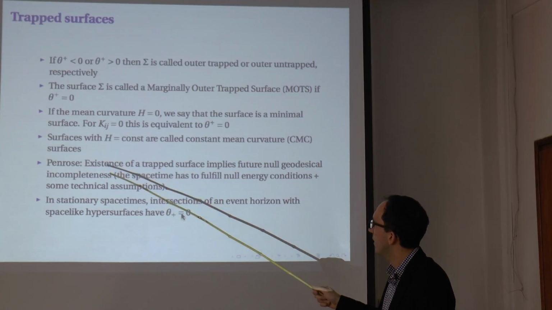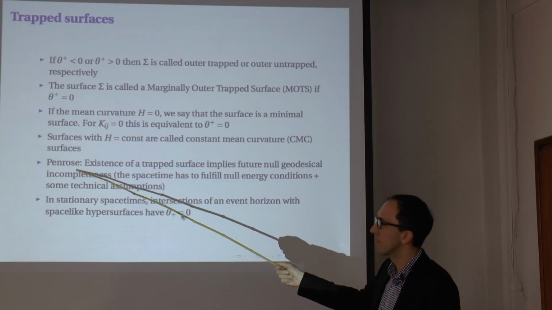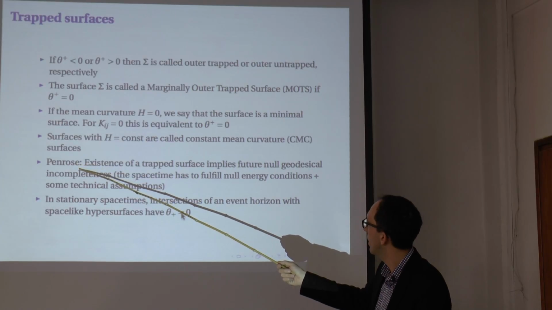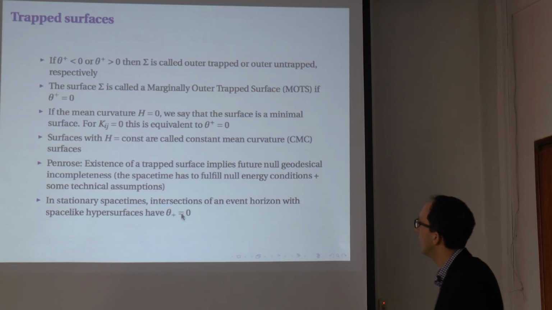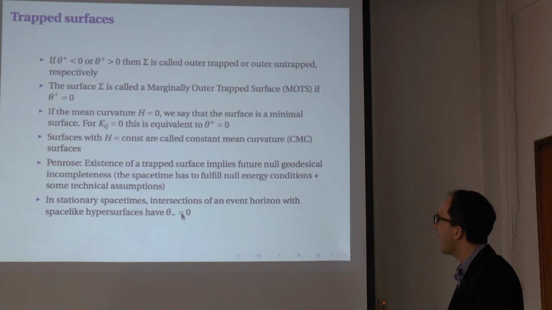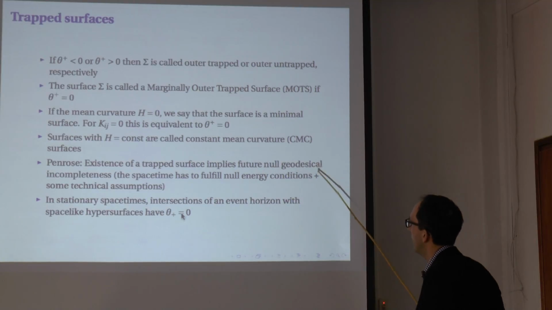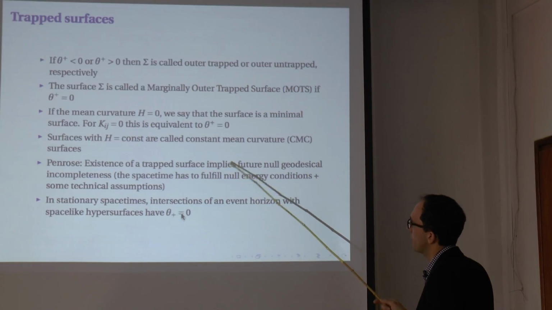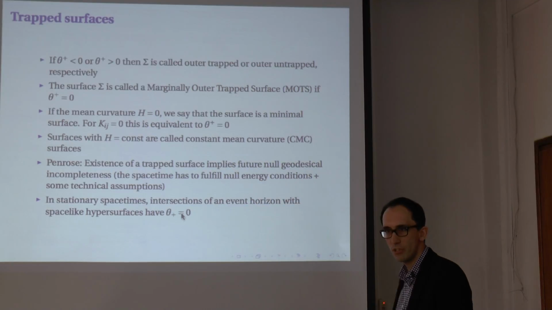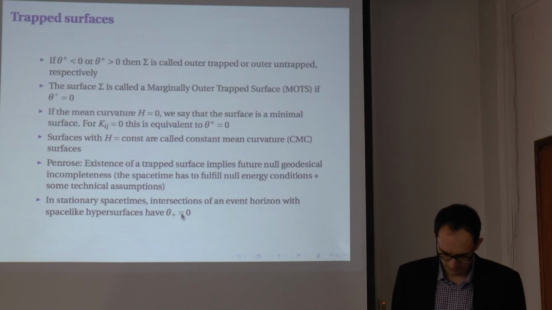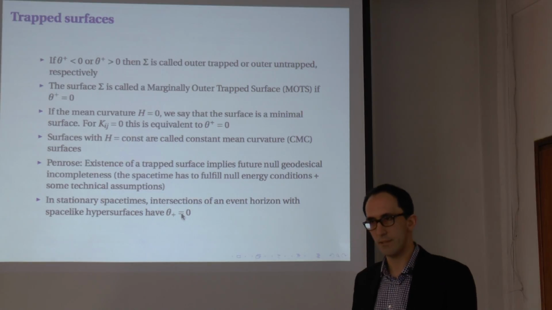Now, there is a nice theorem by Penrose, I think, that basically an existence of a trapped surface implies that the space-time is future null geodesically incomplete. There are some technical assumptions. The space-time has to fulfill the null energy conditions and has to be globally hyperbolic and things like that.